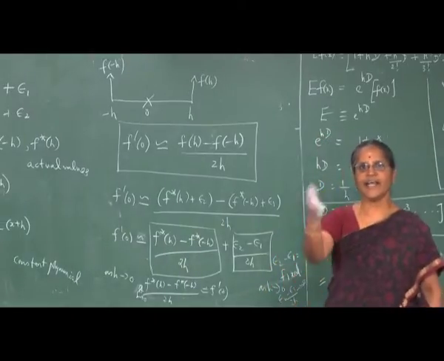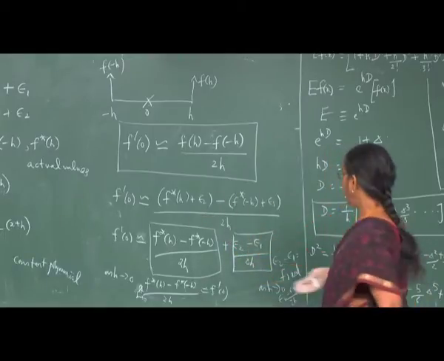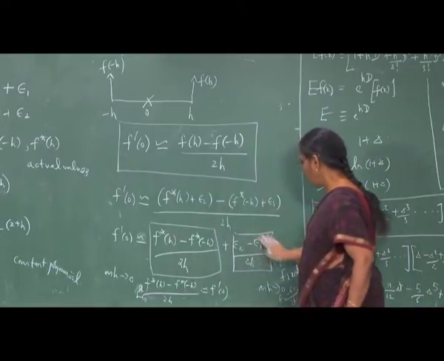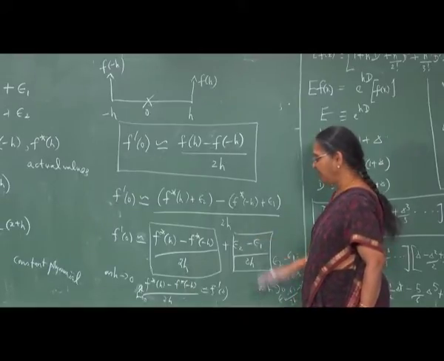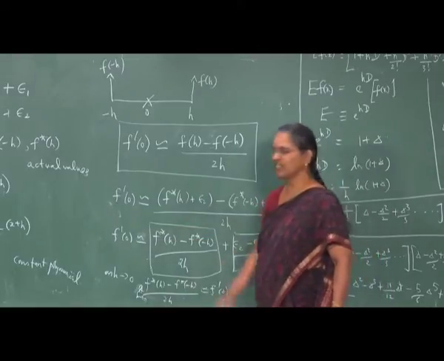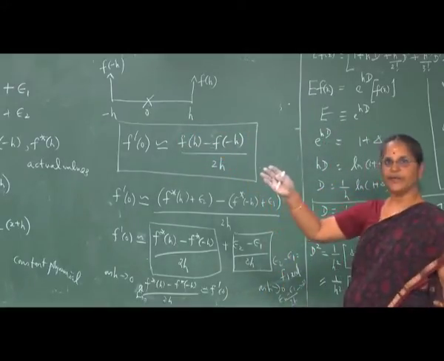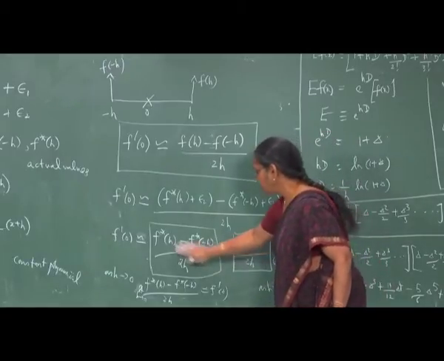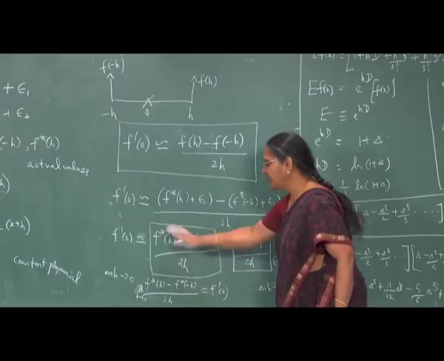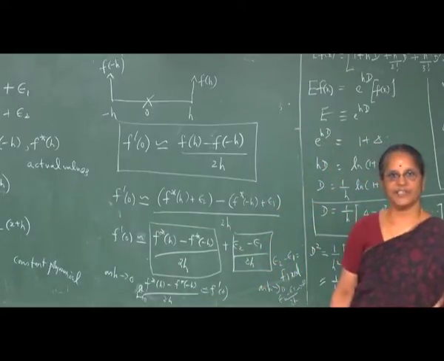So, you neither can have h to be very, very small, in which case the term coming out of the round off errors becomes very, very large, so that the error becomes large in estimating f dash of 0, or when you make h very, very large, the term becomes smaller, but this is not a good estimate of f dash of 0, it is a poor estimate of f dash of 0.